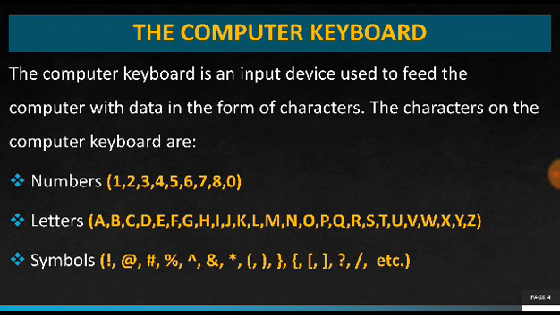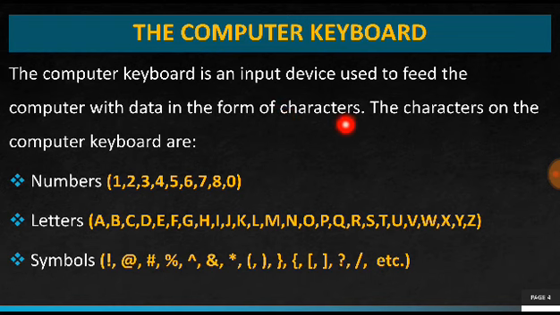So any computing device that is used to send data into the computer is known as an input device. When you talk of data, we are referring to the raw facts that are being sent into the computer for it to be processed. So on the keyboard, the only thing that we can use the keyboard to send into the computer are characters.